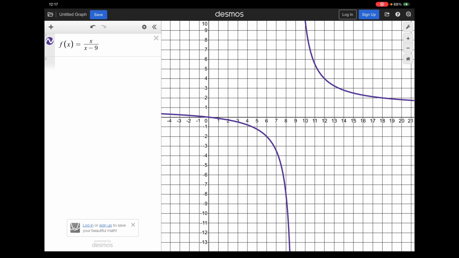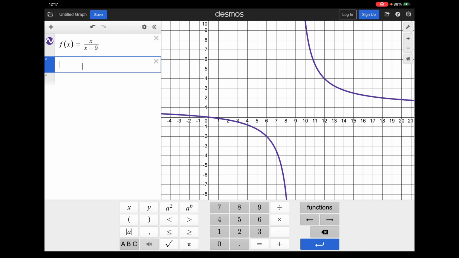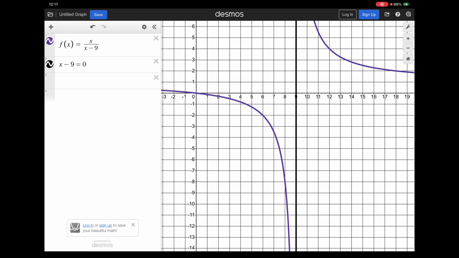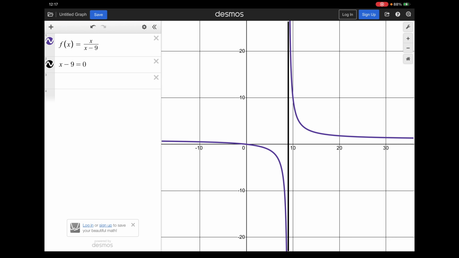So here's our function f of x, and just to again show you, since we just talked about how it looks like a graph, we should see again if I make the denominator x minus 9, set that equal to 0, it's going to draw a vertical line, and I see again that that vertical line is that place of discontinuity.